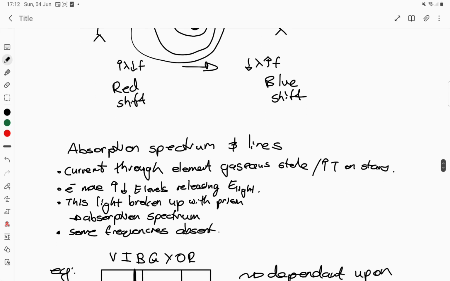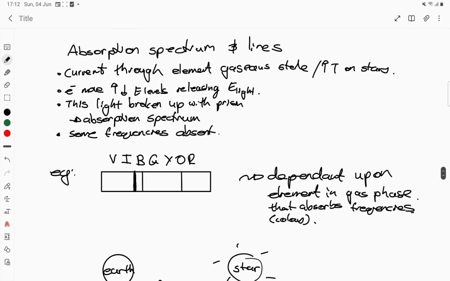All right. Now, looking at absorption spectrum and lines, let's read this quick. If you pass current through an element in a gaseous state, or if there's a very high temperature on stars, the electrons move up and down energy levels, and they release energy as light when they come down a level. And this light can be broken up with a prism, and this will result in an absorption spectrum.